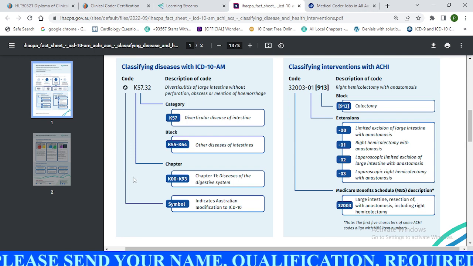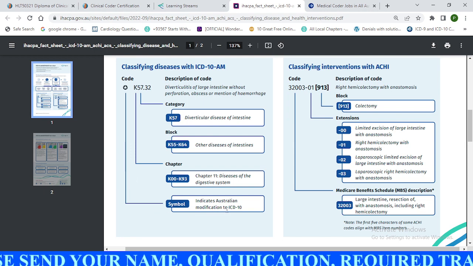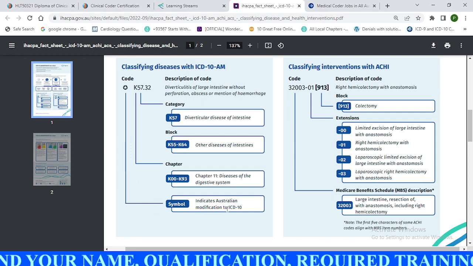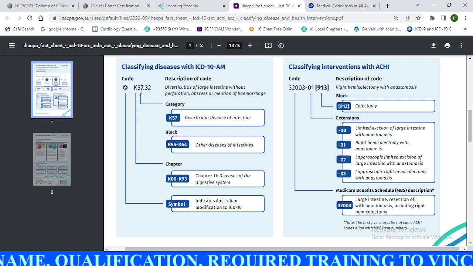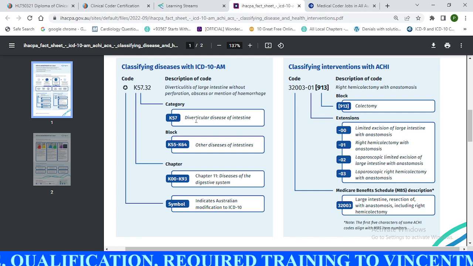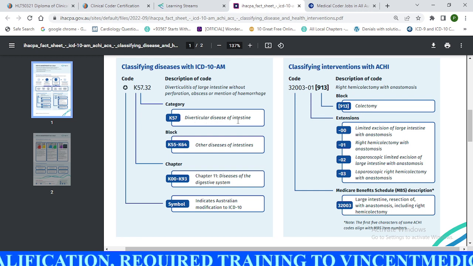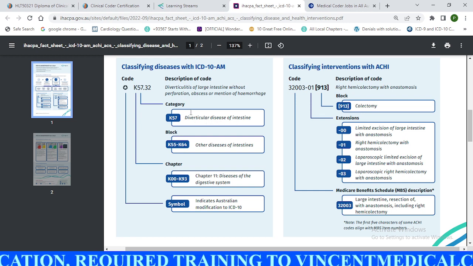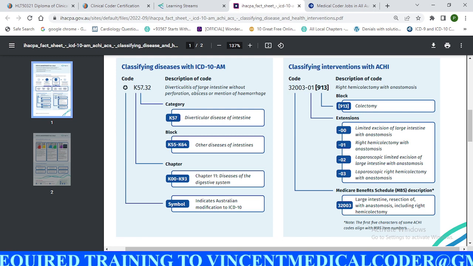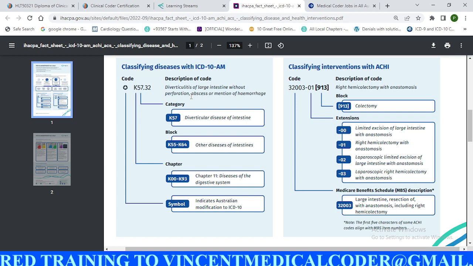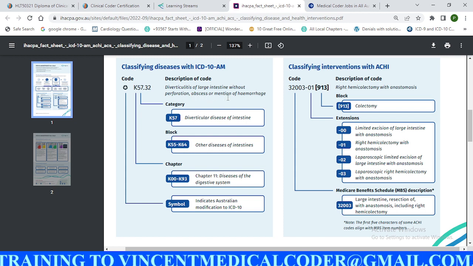The star indicates it is an Australian modification to ICD-10. K indicates the chapter, which is the digestive system. 57 indicates the category, diverticular disease of intestine. If you combine all these blocks, you get diverticulitis of large intestine without perforation, abscess or mention of hemorrhage.